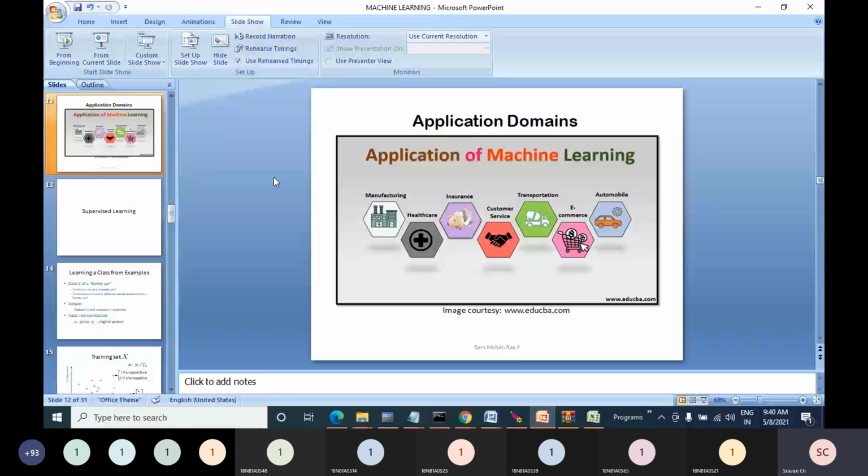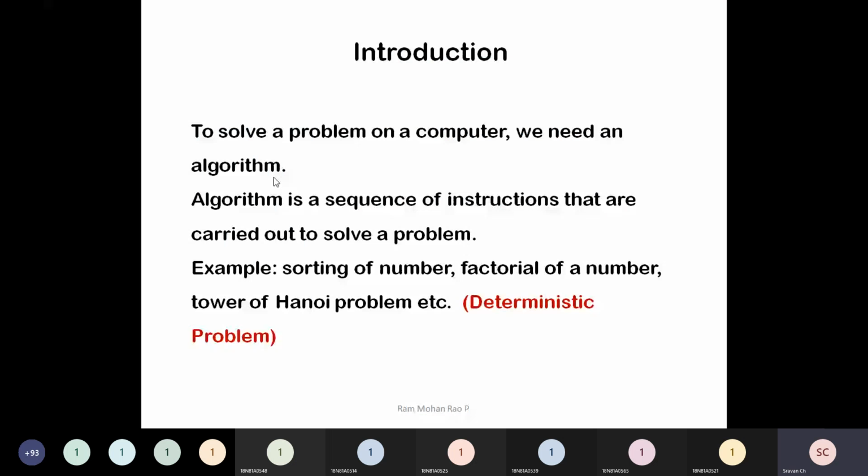So we have seen how this concept of machine learning has evolved, and what is the purpose of machine learning. Basically, problems are of two types: deterministic and non-deterministic. Till now, whatever problems we have solved using other programming languages like C, C++, Java, they all come under deterministic problems.